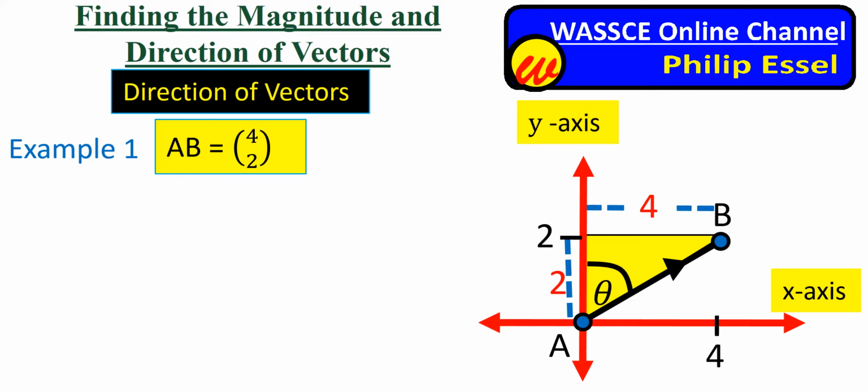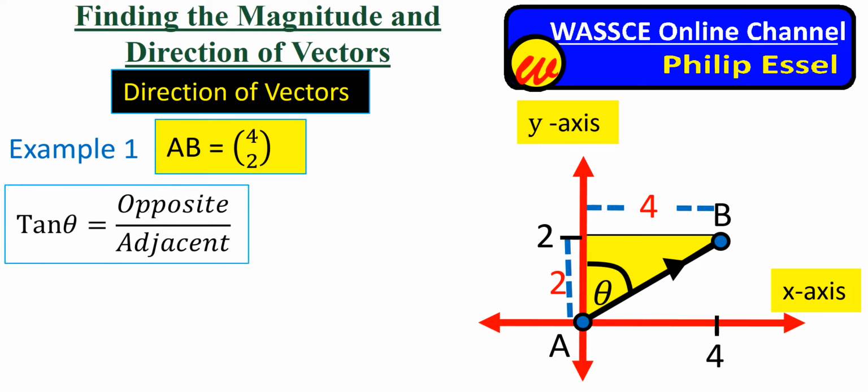Our tangent rule states that tan theta equals opposite divided by adjacent. From the diagram on the screen, our opposite is 4 units and our adjacent is 2 units. So tan theta equals 4 divided by 2.